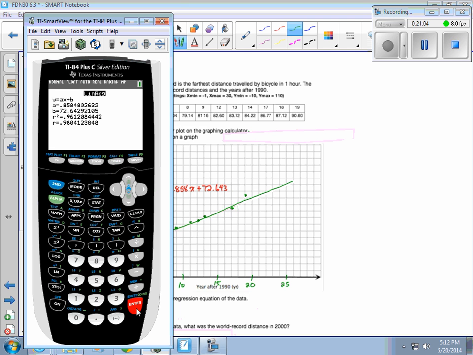So based on the data, what was the world record distance in 2000? So if I go back to my graph, in 2000, that's between our data that we have, because remember this starts in 1990, so in 2000 would be year 10.